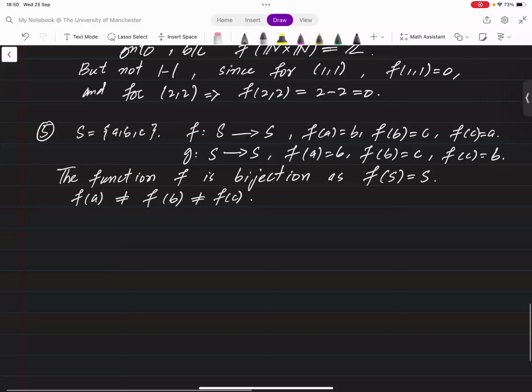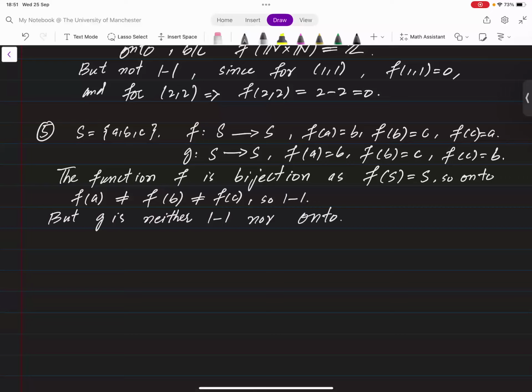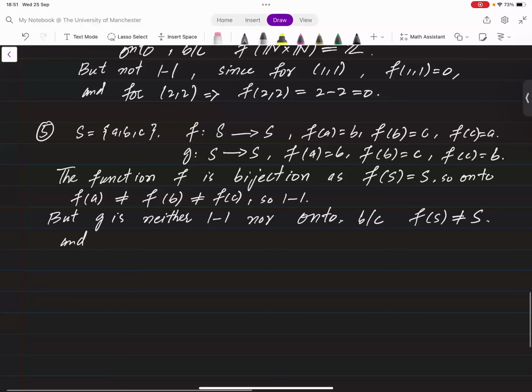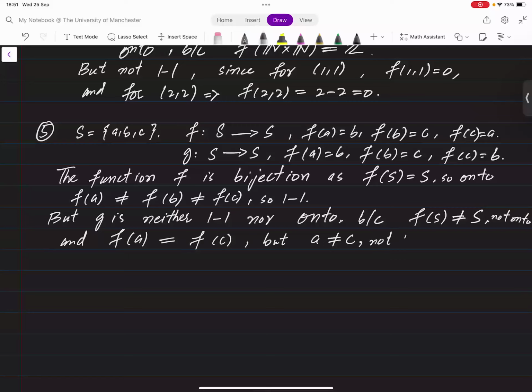So f is onto and one-to-one. But g is neither one-to-one nor onto, because g of S is not completely S, so not onto, and g of a is g of c, but a is not c, so not one-to-one.